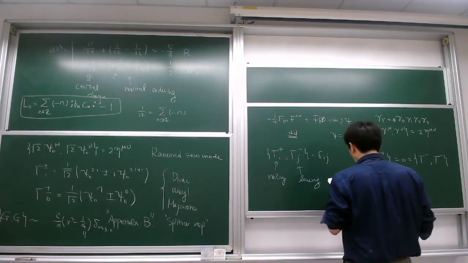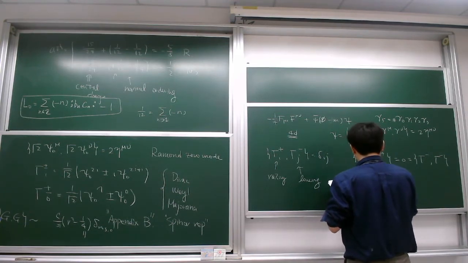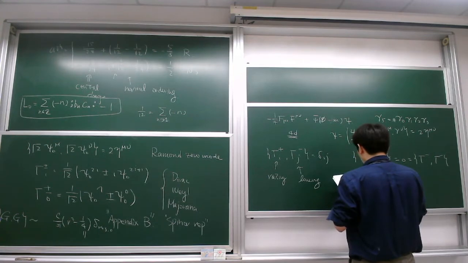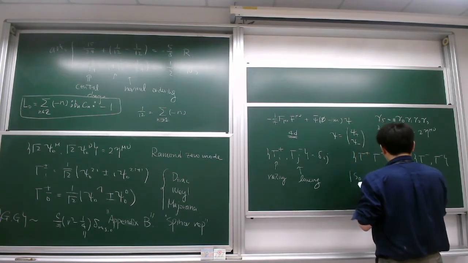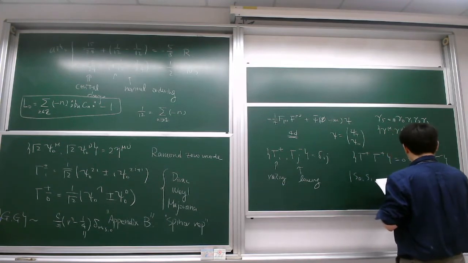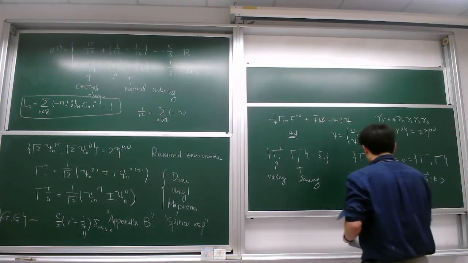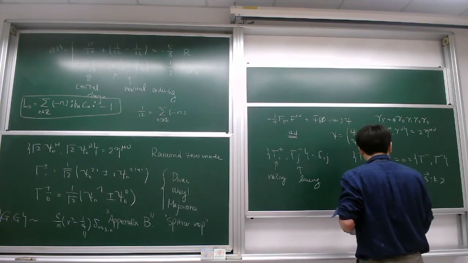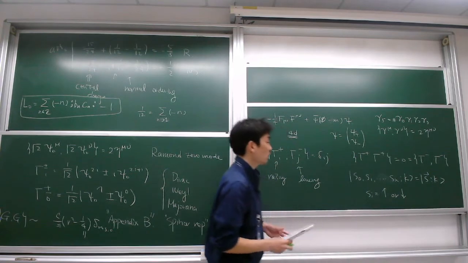And you can have a Ramond ground state understood as S0, S1, S2, S4, and the momentum, which we call K, and then each Si is either plus or minus, up or down.